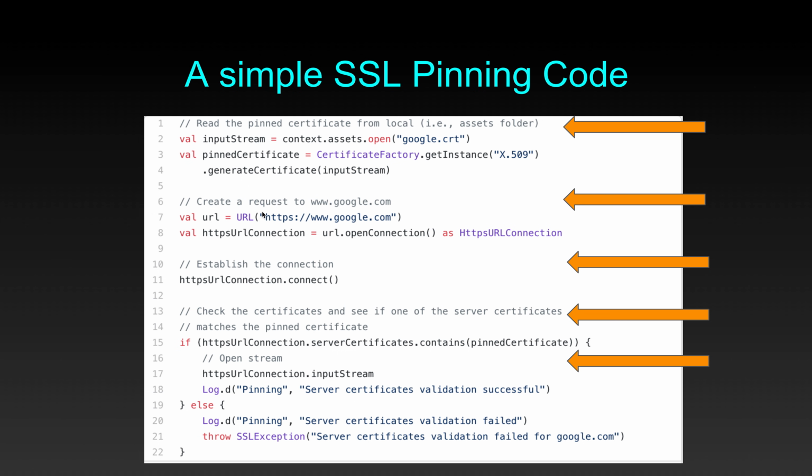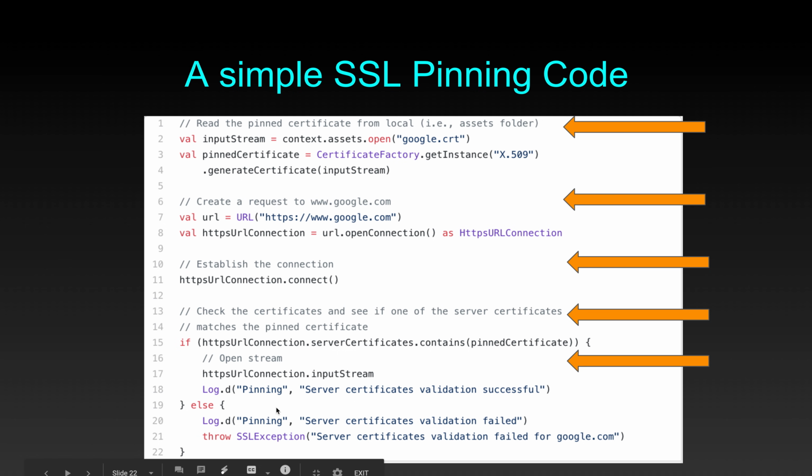Then the client is going to create a request to google.com and send the request to the server. After it has sent the request, it is going to establish the connection, and it checks the certificate and sees if one of the server certificates matches the pinned certificate that it has installed inside the assets folder in the client.